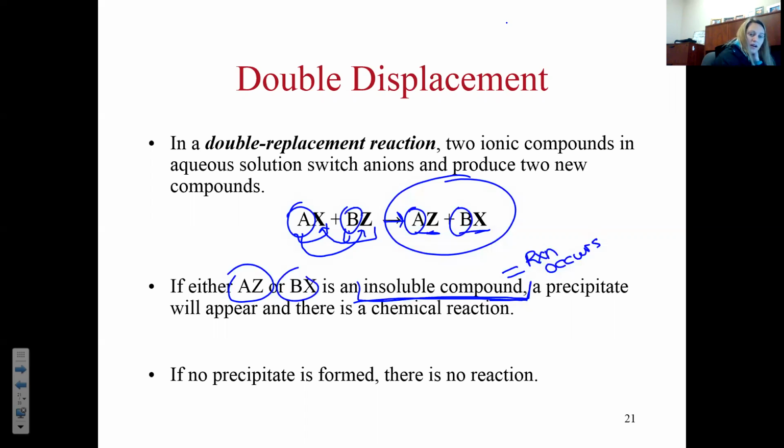If they are soluble, then no precipitate is formed. And when I say precipitate, I mean some sort of colored solution or mass that forms. If no precipitate is formed, then there is no reaction, and we just put a big NR.